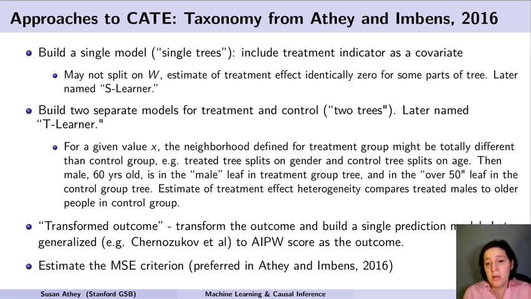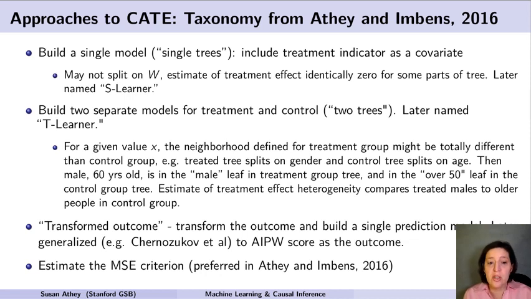So a third method that we propose in this paper is the transformed outcome method. This takes a little bit to explain, and I'm not going to go into the details in this lecture. But what we do is figure out a way to transform the outcome, and then you're able to build a single prediction model with this transformed outcome.